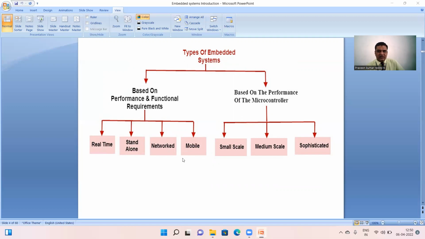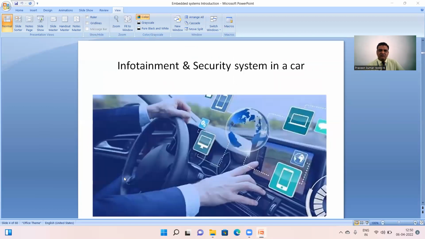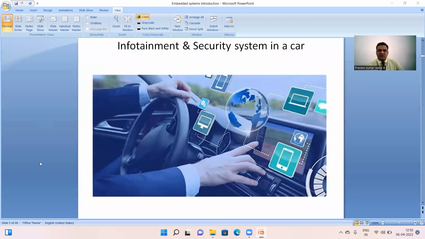What is this classification? First of all, let's go to the first one, real-time embedded system. What is real-time? To understand this, let me show you one thing. This is a car.